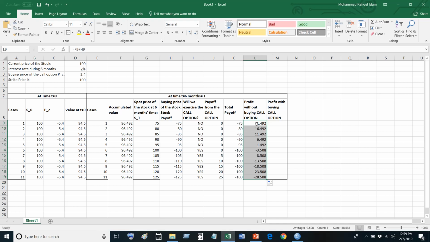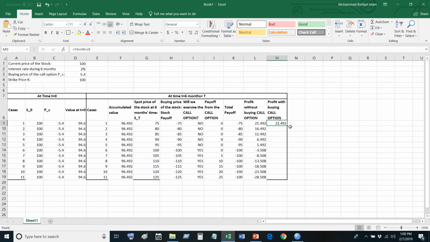So we can see that if the price decreases, then we are very good, we have a great profit. But when the price increases, we have a great loss too. So to minimize this loss, we apply the call option. Let's see. So that's our accumulated value, that's our payoff from the stock, and this is our payoff from the call option.